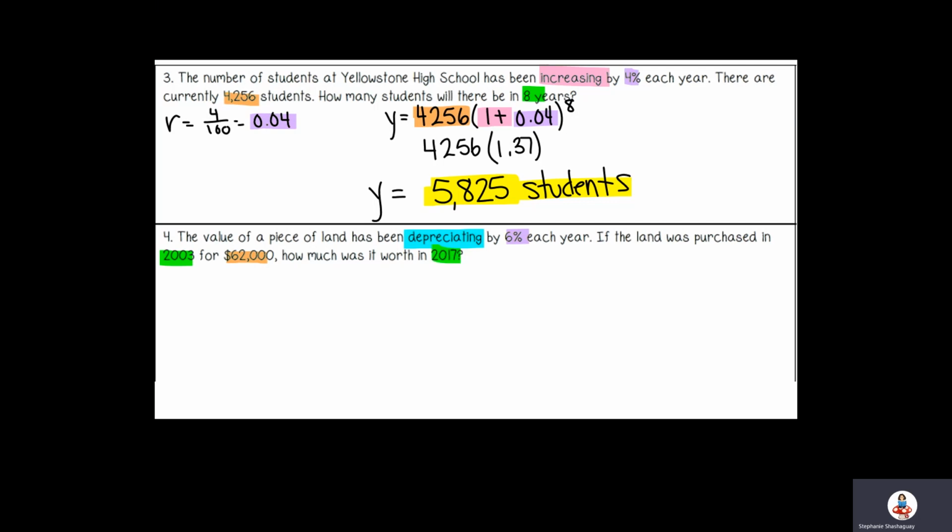So first I'm going to identify my rate, and my rate is going to be 6, because 6%, so 6 divided by 100, so I can get my decimal. So that's going to be 0.06 for my rate. And I need to identify my time. So my time is going to be 2017 minus 2003, which is equal to 15 years.